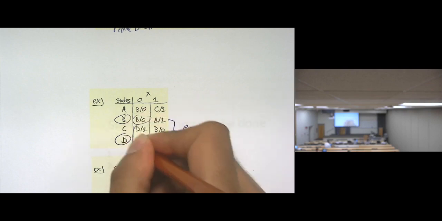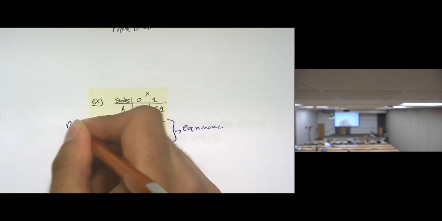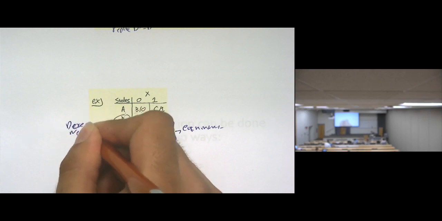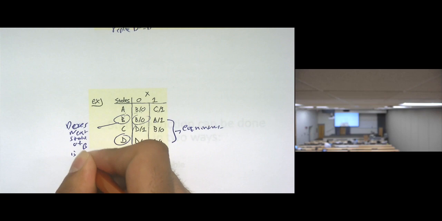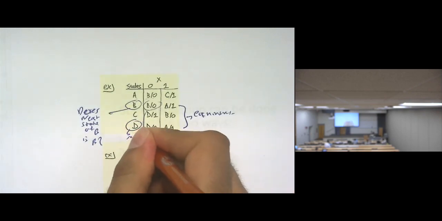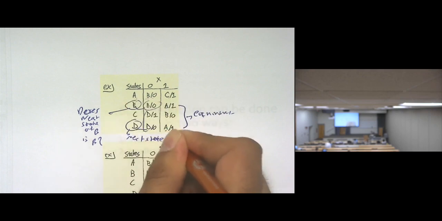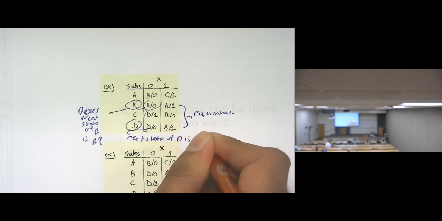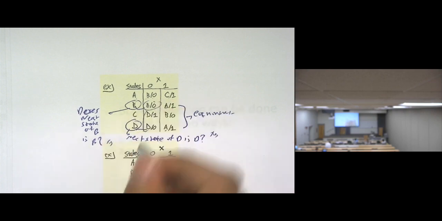In this part, the next state of B is B, and the next state of D is D. Then yes, that's why they are equivalent for the other parts.